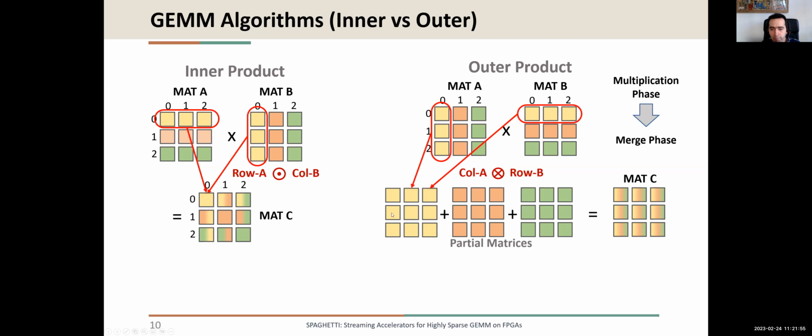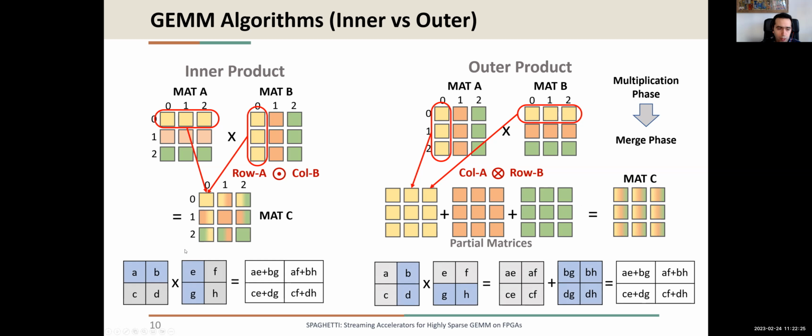When we reduce and accumulate these three partial matrices together, we get the final output matrix. So we have a multiplication phase, outer products between the pairs of columns and rows, and then we have this merge or accumulation phase that accumulates the partial matrices.